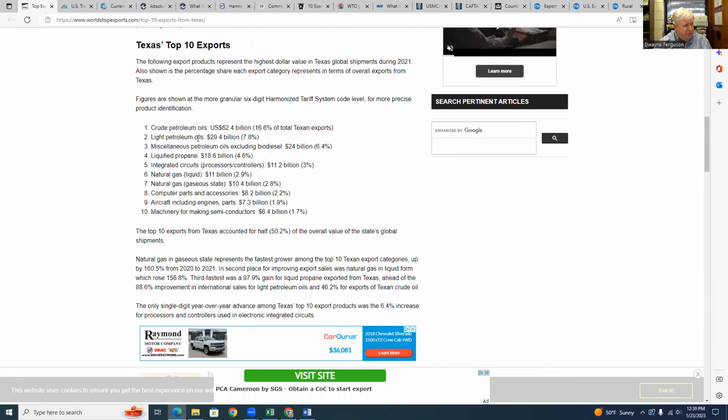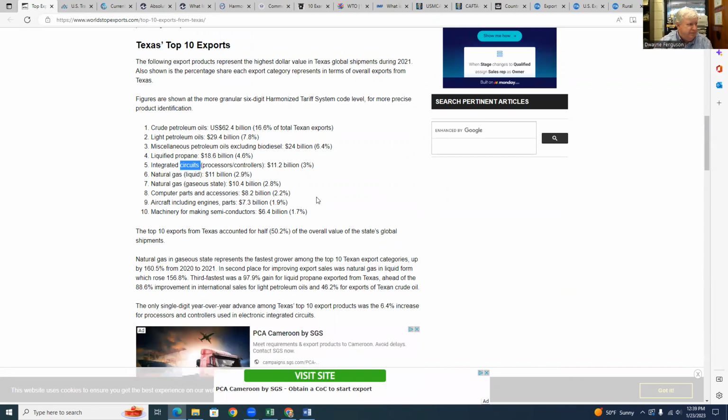So again, oils, petroleums, you can see those are top three: liquid propane, liquefied propane. But look, we got circuit boards, which you would think is a California thing, but we do that in Texas as well. Computer parts, aircraft parts. So there's semiconductors.